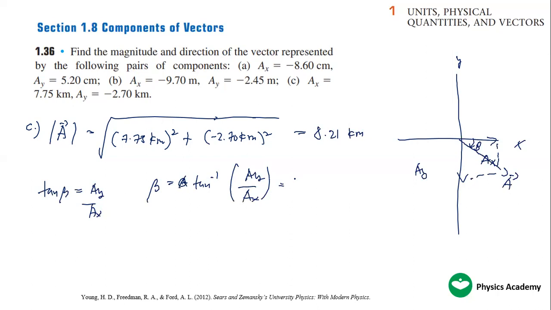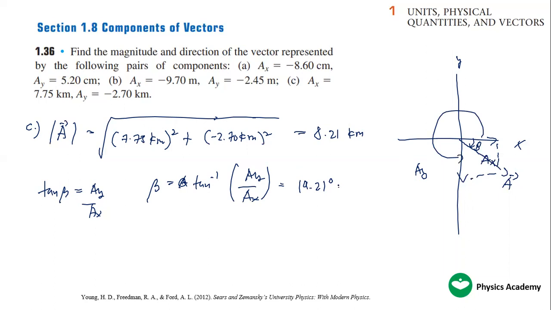which is equal to shift tangent of negative 2.7 over your AX, 7.75. So your angle is 19.2 degrees.